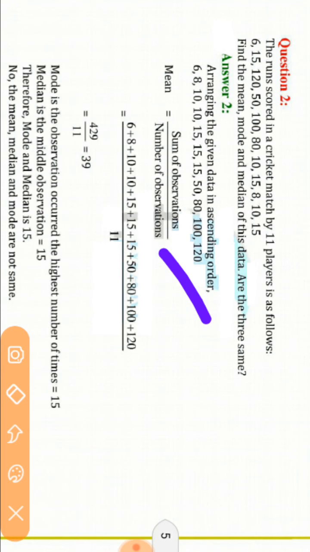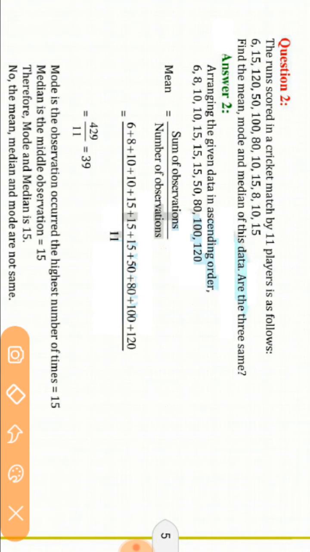So we add all the scores and divide by the total number of players, 11. So 429 divided by 11 is 39. So the mean is 39.